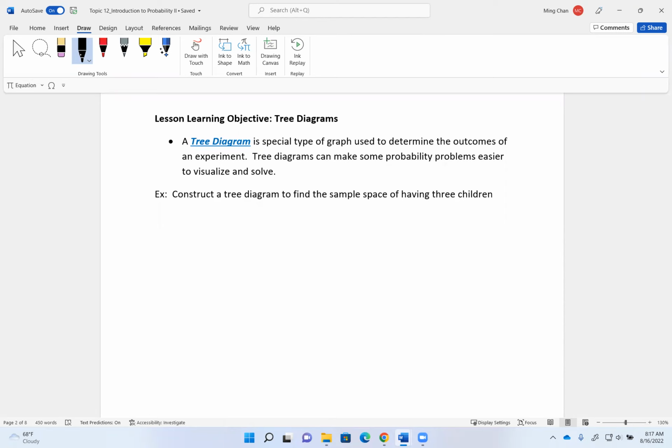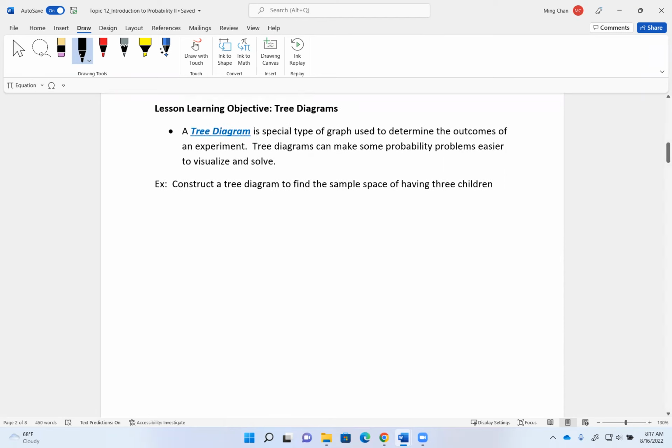For small events, it can help you visualize what's going on and make the problem easier to solve. Here I want to show you how to construct a tree diagram and find the sample space of having 3 children.